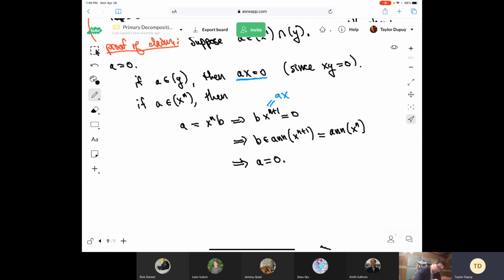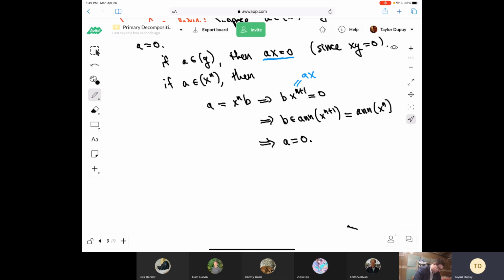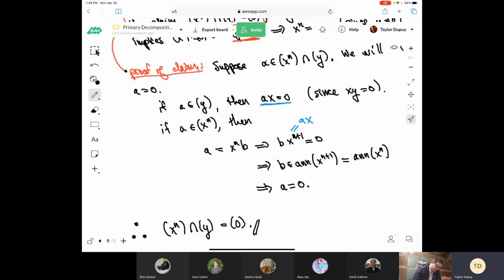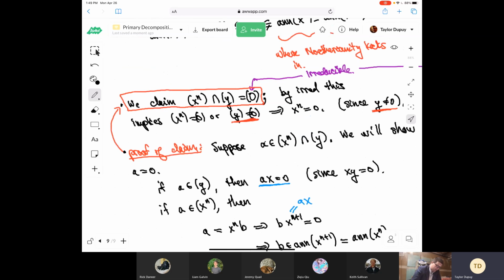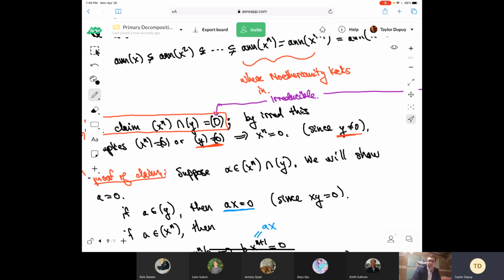Okay. And so this proves that x to the n intersect y is equal to 0. Okay. And now we proved our claim, and from our claim it follows that x is nilpotent.